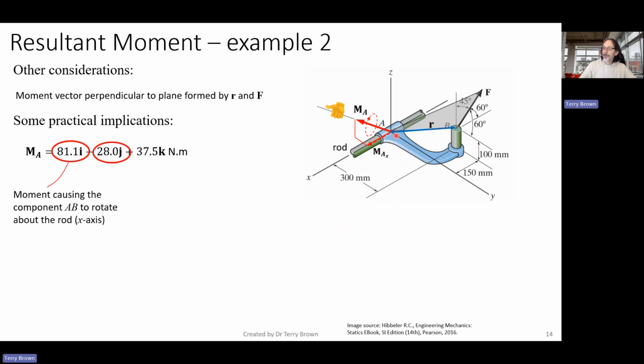If you put your thumb along the y-axis in the negative direction and rotate your fingers, you can see that looks like what's going to happen. It's going to tend to rotate that around there. And that is going to cause a bending of this rod here about the y-axis.